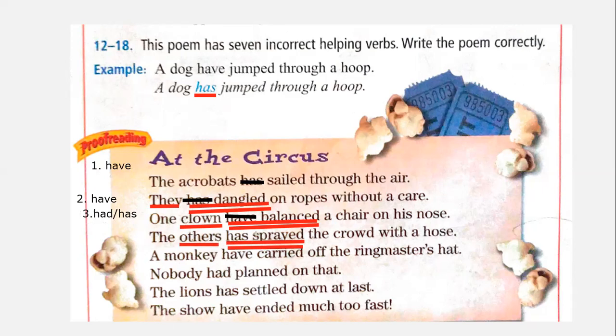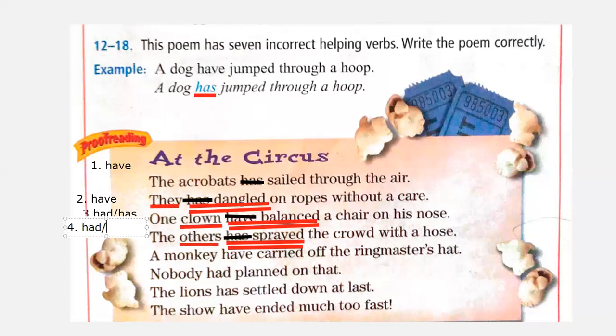We learned in rule number 1 that we only use has with singular subject. Is others a singular subject? No, it isn't. So we need to cross out has, and we are going to change it. What are we going to change it to? What is the correct helping verb to use in this sentence?